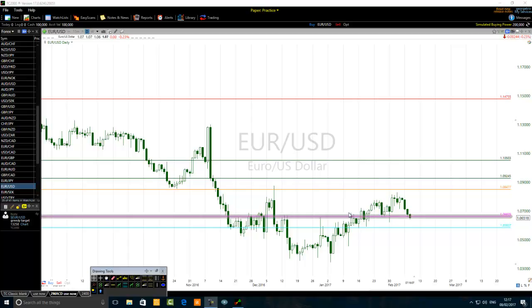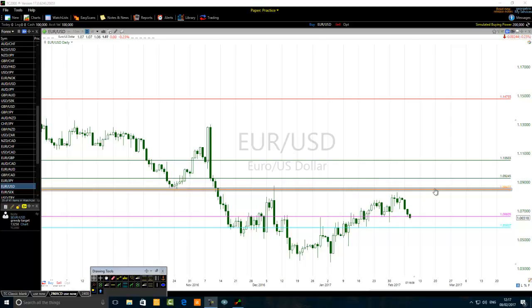The first long-term equilibrium price level for the euro-dollar in 2017 is 1.0847. One does not want to forget that key level, the first long-term equilibrium price level for the euro-dollar, which is also the leading currency pair.